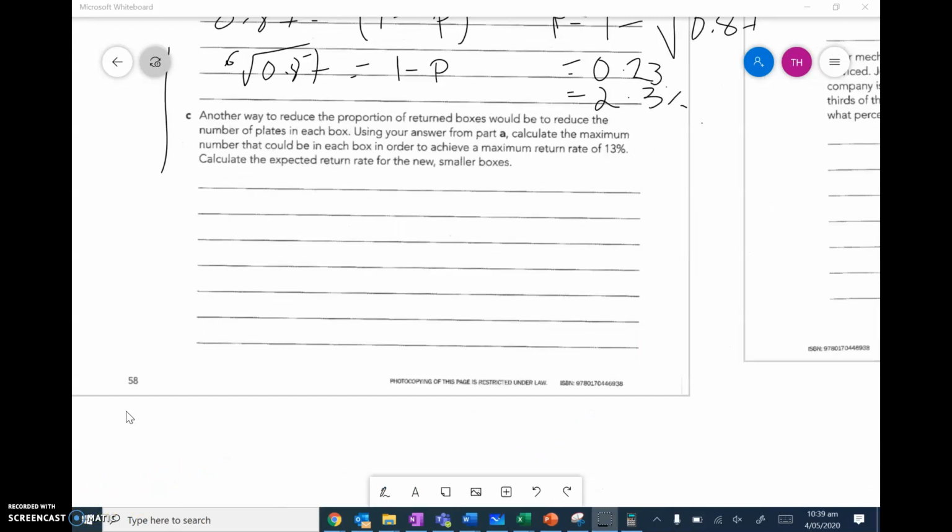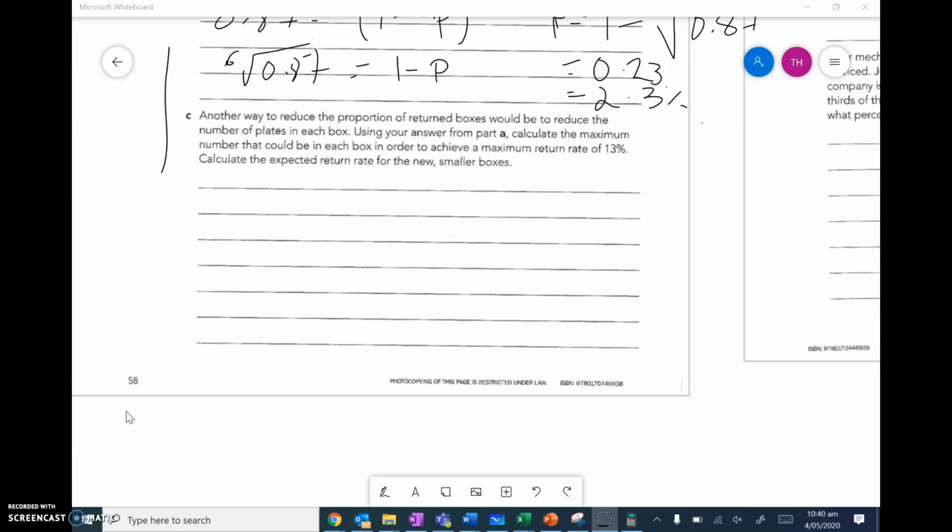Okay, this question is saying, how about instead of changing the percent of plates that are broken, maybe I can't change that, let's change the number of plates in a box, because if there are fewer plates in a box, it's less likely that there's going to be a broken one in the box, and then less likely it'll be returned.